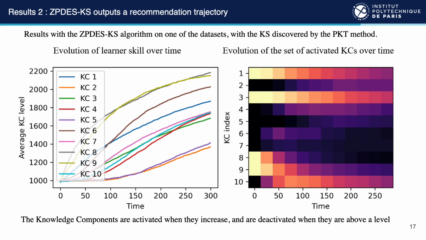So we can see that in the beginning, the knowledge components activated are 1, 3, 8, and 9, for instance. And in the end, we see that the most activated knowledge components are going to be knowledge component 10 or knowledge component 4, which is activated much later.